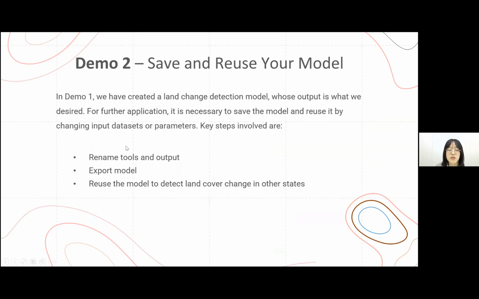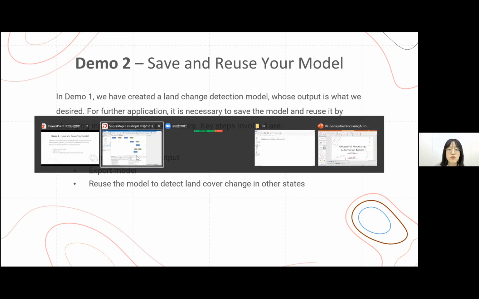And before we save it, first we need to rename the tools and outputs of this model, so that it would be easier for others to understand the work of your model, and then we can export it and reuse it to detect the land cover changing in other states. So here, let's go back to our software.